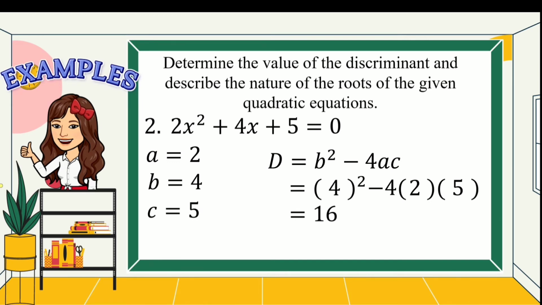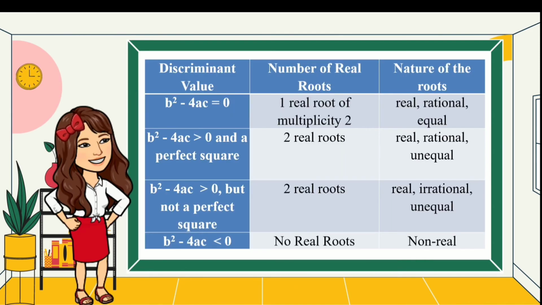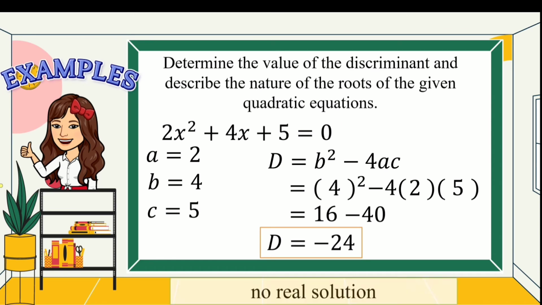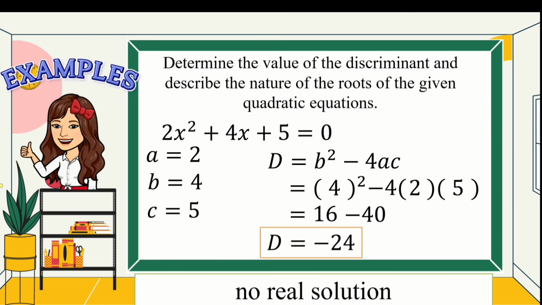Next, negative 4 times 2 times 5 is negative 40. And 16 minus 40 is negative 24. Again, let's go back to our table. The answer is negative 24, and negative 24 is less than 0. Meaning, there is no real solution.